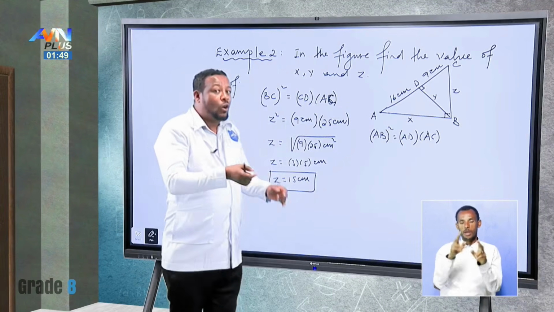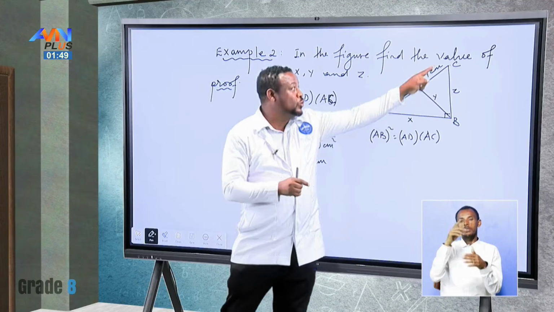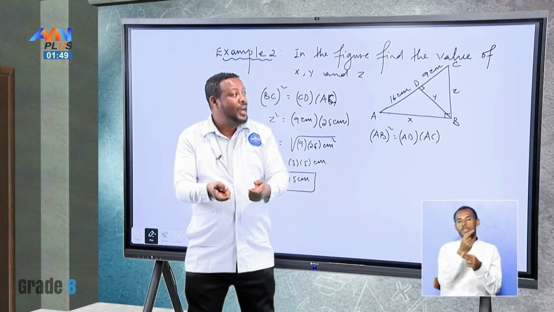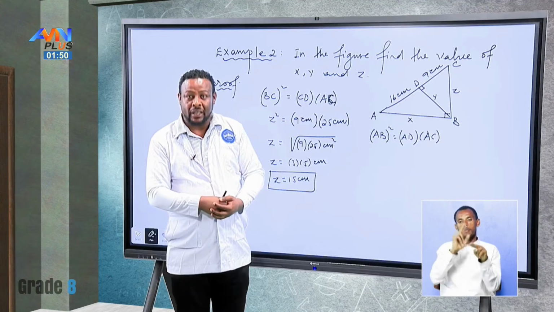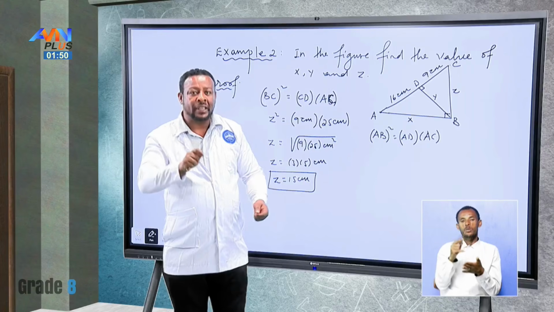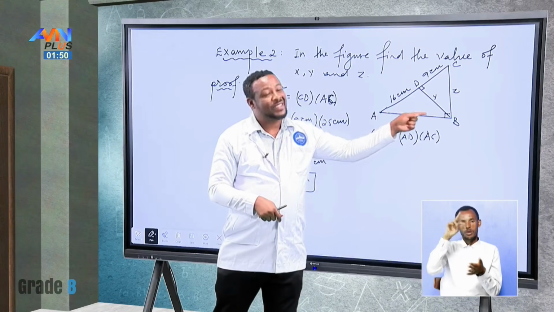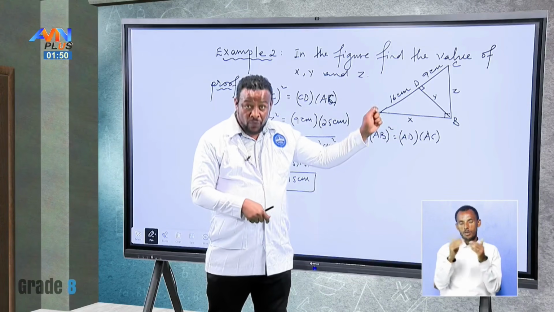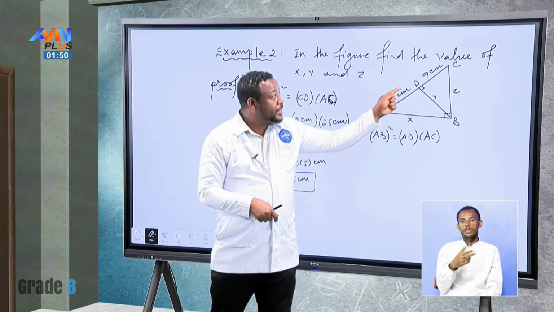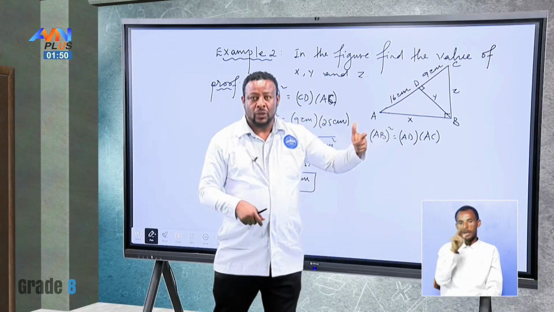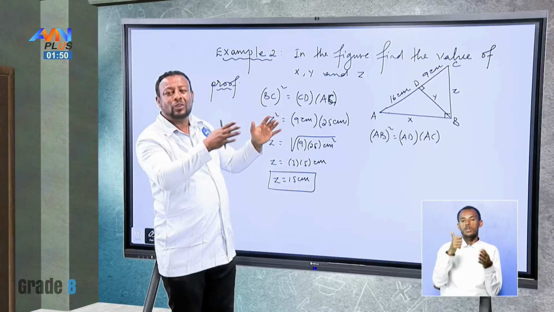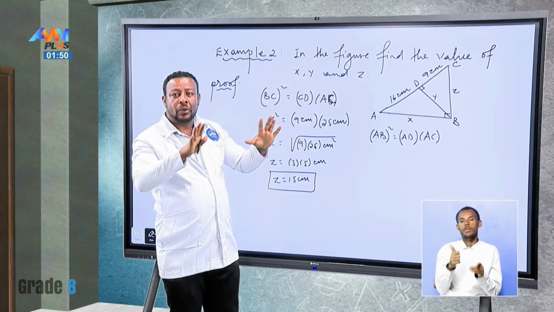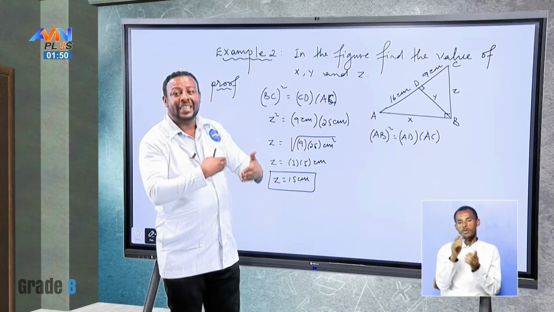Depending on the variables that you name each vertex, the formula may change. But you need to stress that the squared value of this leg is the product of the adjacent side and the hypotenuse. You need to keep this idea, not the variables. Don't try to memorize the variables. You need to think that way.